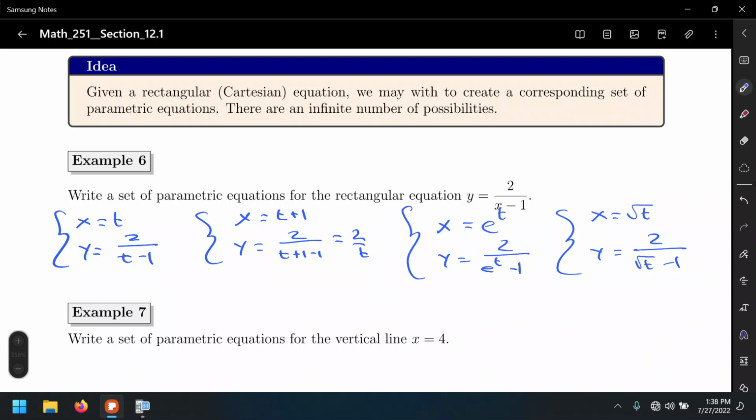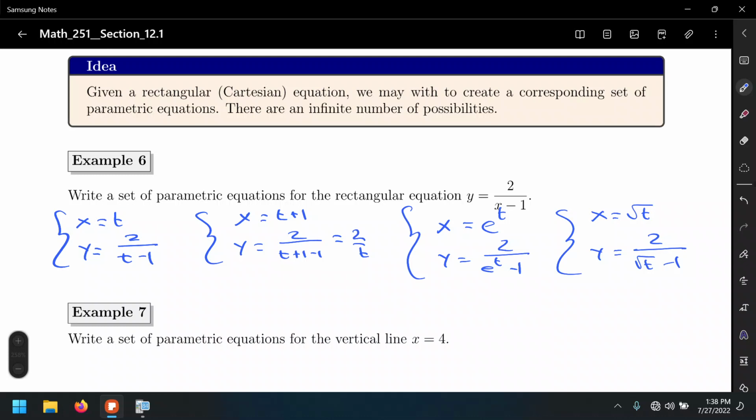But what's the purpose of having different options for these parametric equations? Well, these have to do with the domains that these may have, and those domains will have an impact when it comes to plotting these functions. For example, the domain of t, it's a polynomial, it's all real numbers, that's fine.